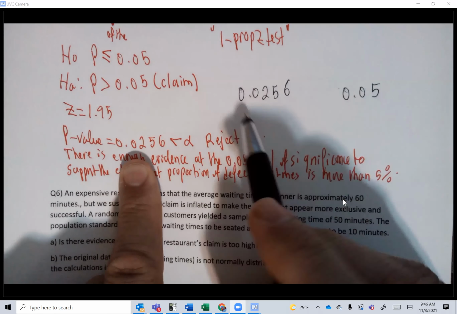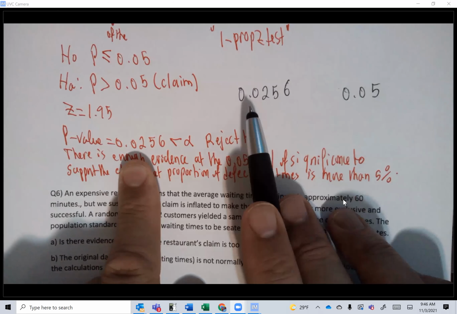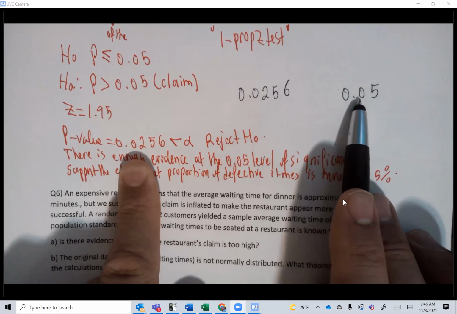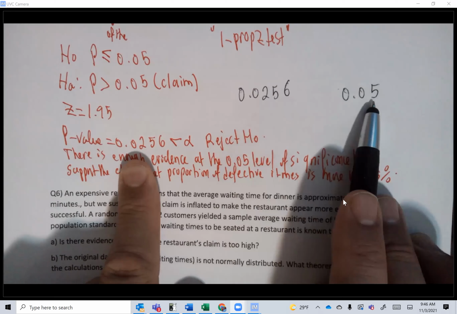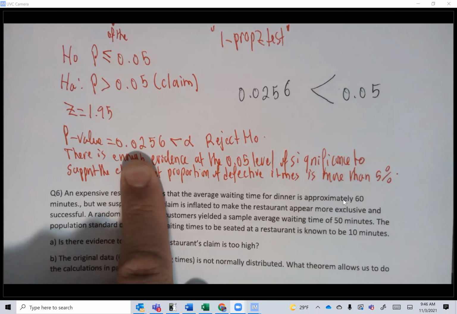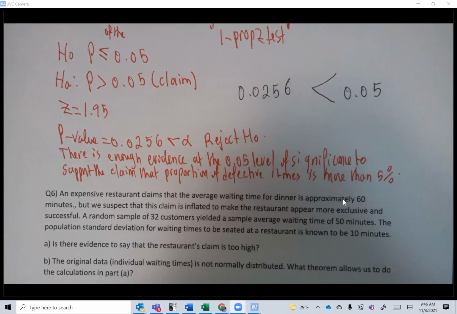Start: 0 is the same as 0. Dot, dot. 0 is the same as 0. Now go to the second digit after the decimal. That's a 2, and the second one is a 5. 2 is less than 5. Make sense? Yes. That's how you do it. Compare them digit by digit.